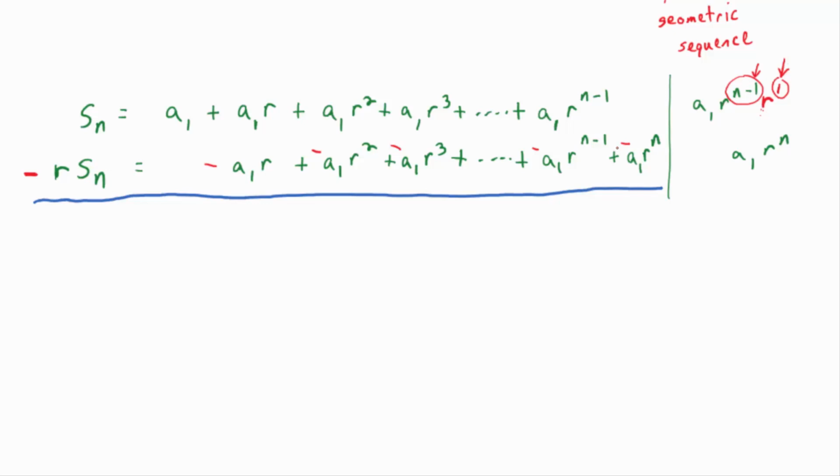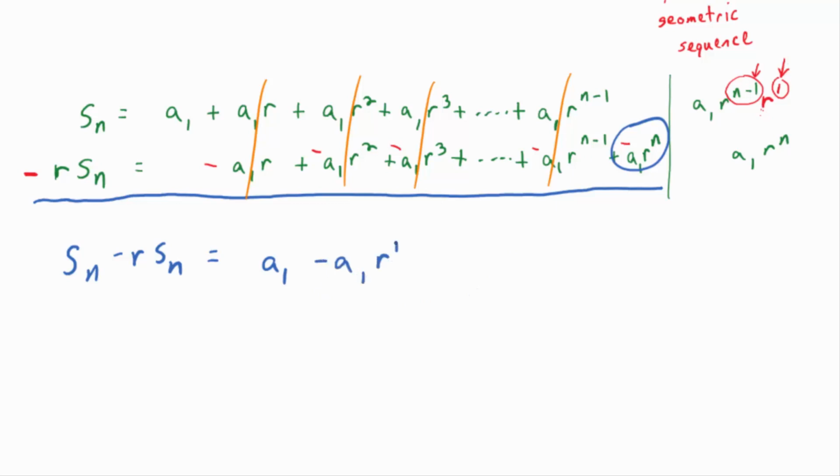Now you can see that when I add, I end up canceling every single term in between the a1 and the minus a1 times r to the n. Everybody see that? Okay, so on the left side, I'm left with Sn minus r times Sn. On the right side, I'm left with a1 minus a1 times r to the n.